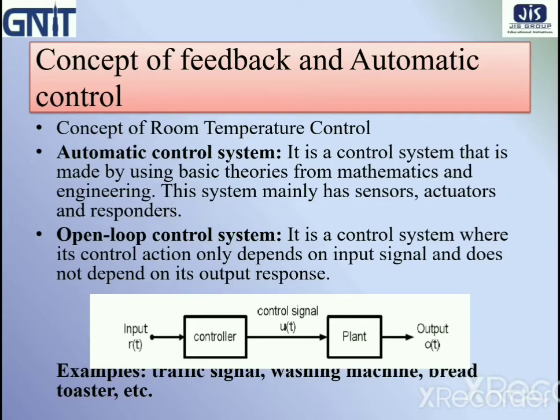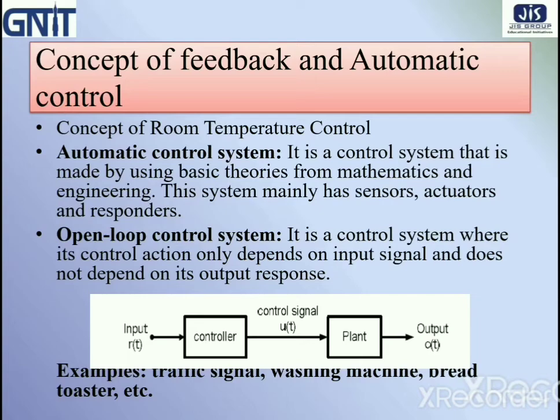A control system without human or manual intervention for normal operation of the system is called an automatic control system. An air conditioning system is an automatic control system.